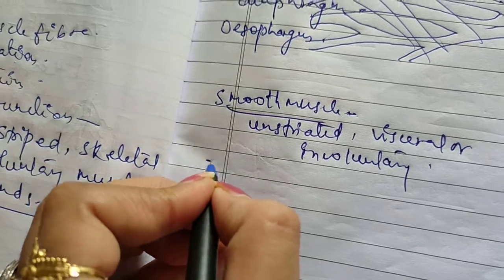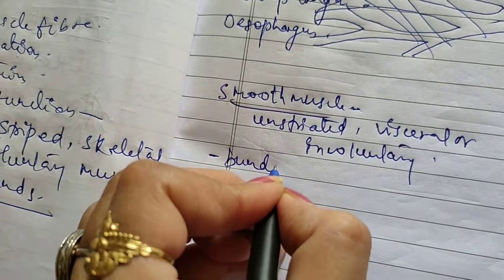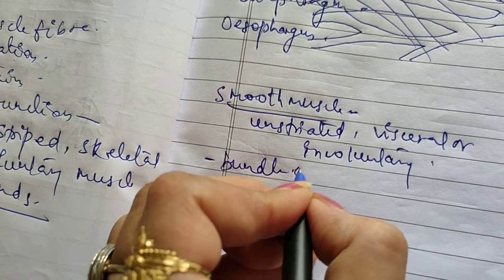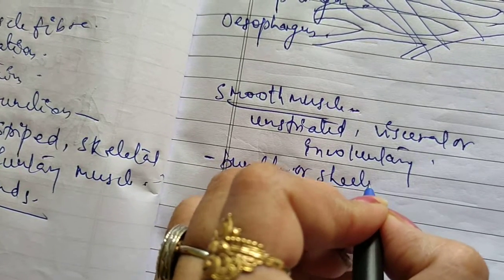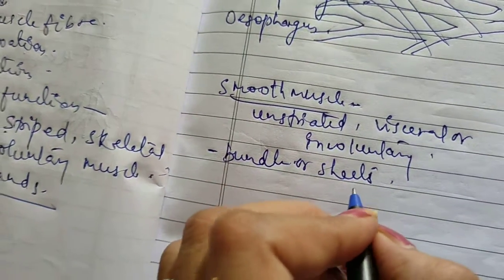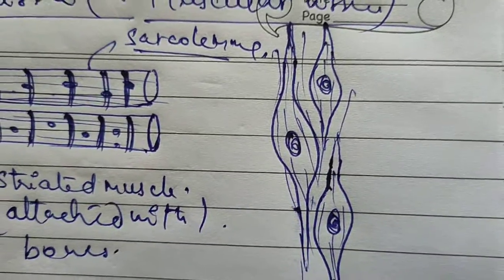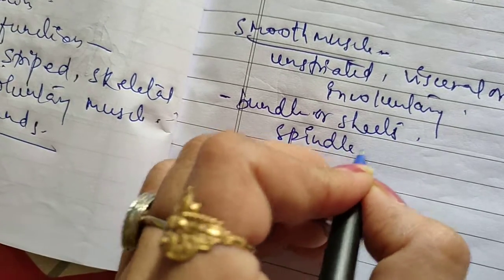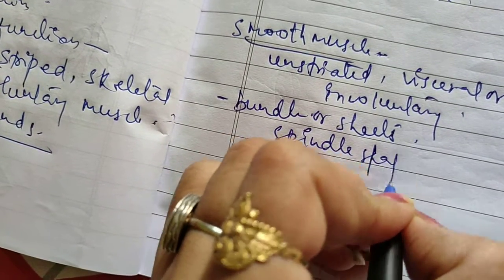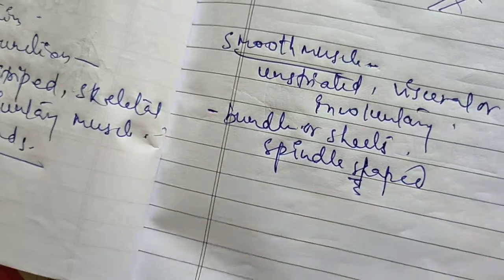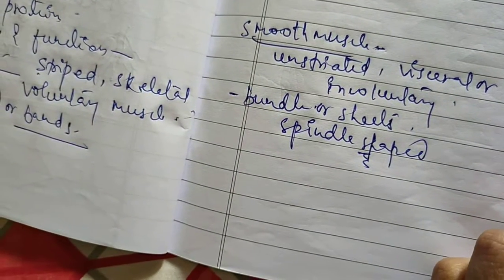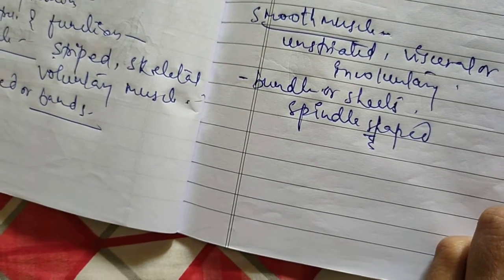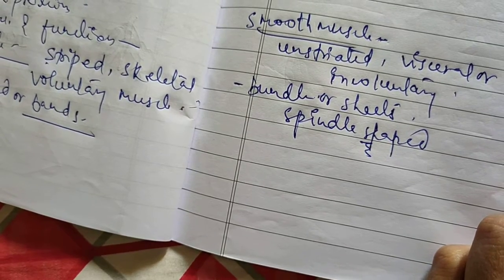They occur as bundles or sheets, spindle shaped. You can see the structure, they are spindle shaped. Spindle shaped means pointed at both ends. They are held together by loose connective tissue.